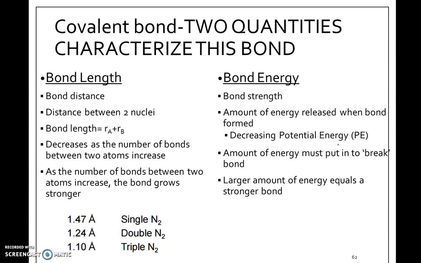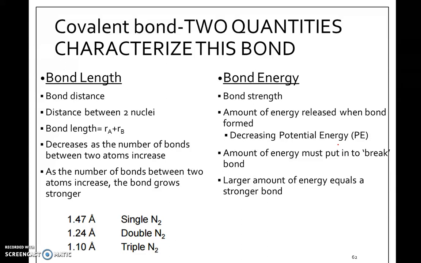The larger amount of energy equals a stronger bond. You have to put a lot more energy into breaking 3 short bonds, those 3 short sticks, than you do for 1 stick. I don't know if you guys played around with breaking sticks for kindling or for campfires. If you have 1 stick, you can easily break it over your knee.